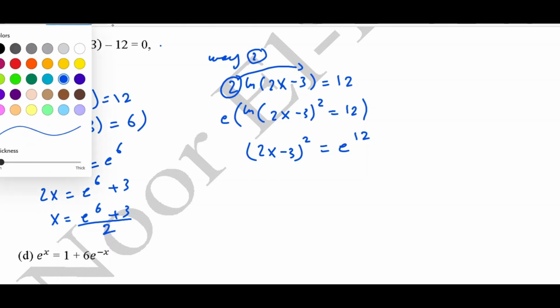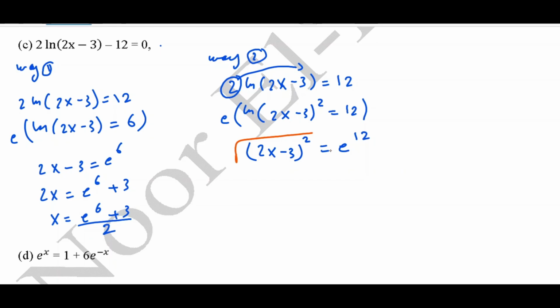Then I'm going to use the square root for both sides. 2x minus 3 equals the square root of e to the power 12, which is e to the power 1 over 2 times 12, which equals e to the power 6.